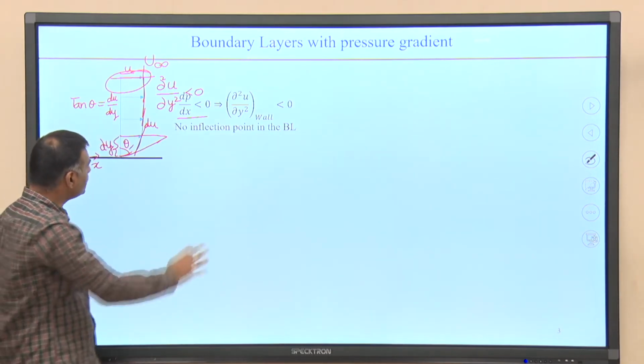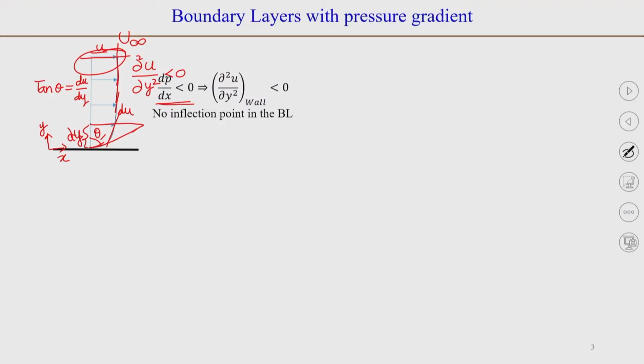Now, when dp/dx is less than 0, we can see from this equation, dp/dx equals mu times ∂²u/∂y², that d²u/dy² is also less than 0 near the wall.